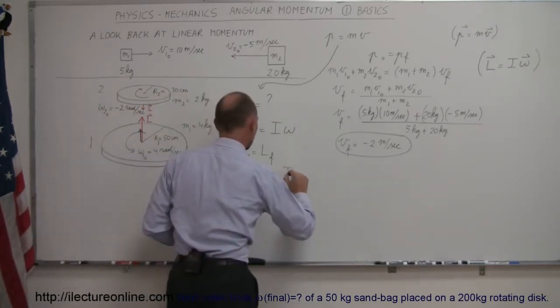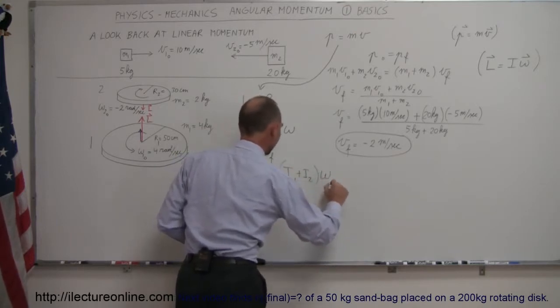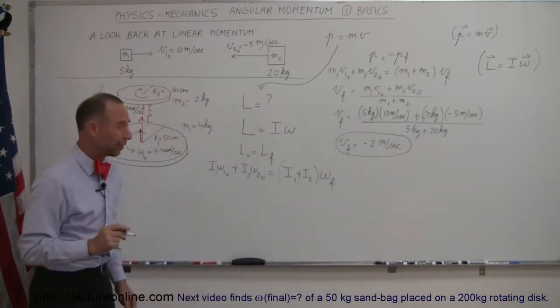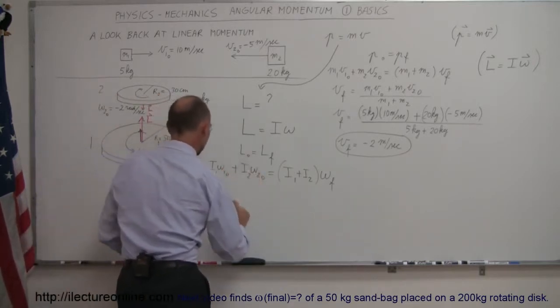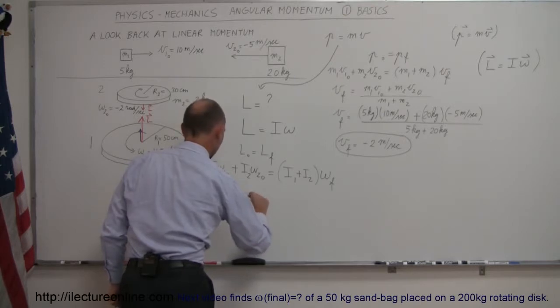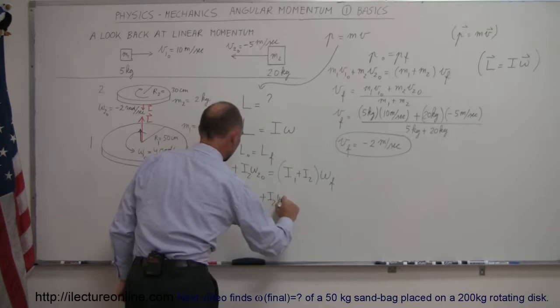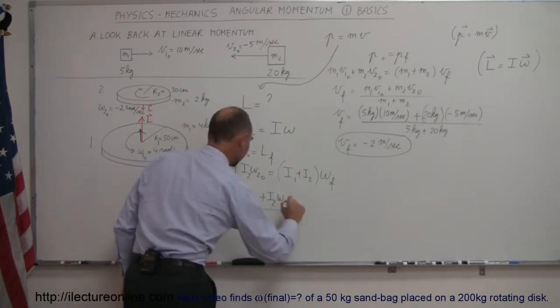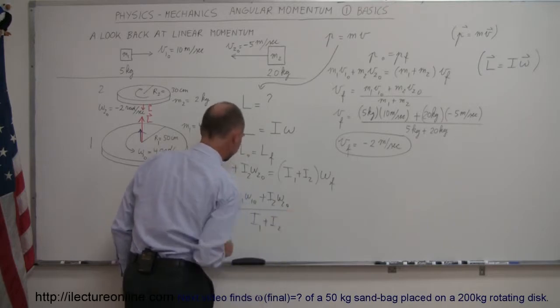So we can then add the two moments of inertia, I1 and I2, times omega final. And of course, what we want to do here is find omega final. So omega final is equal to the initial angular momentum, which is I1 omega 1 initial plus I2 omega 2 initial, all divided by I1 plus I2.